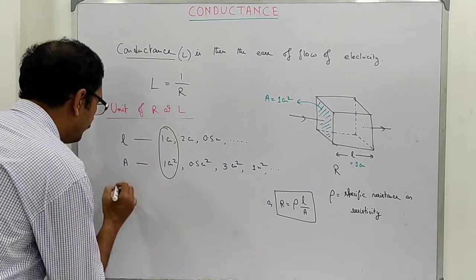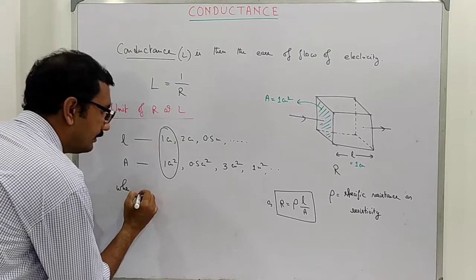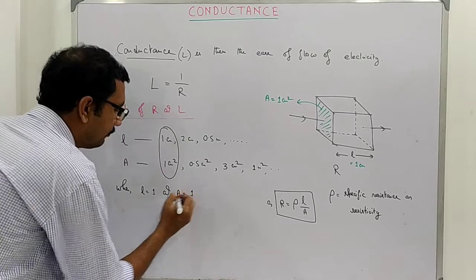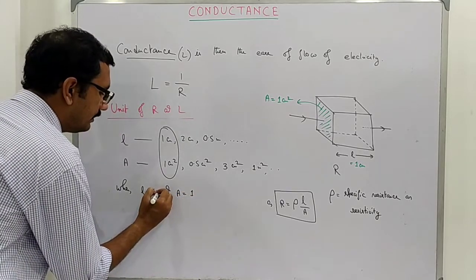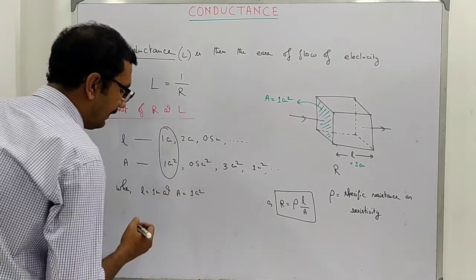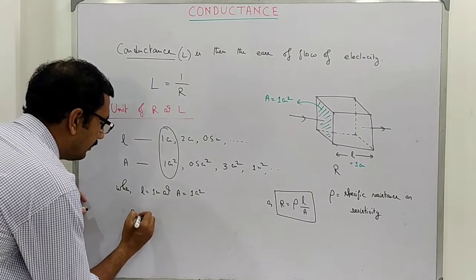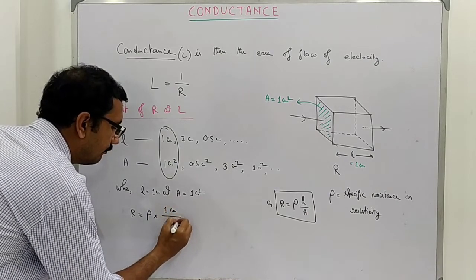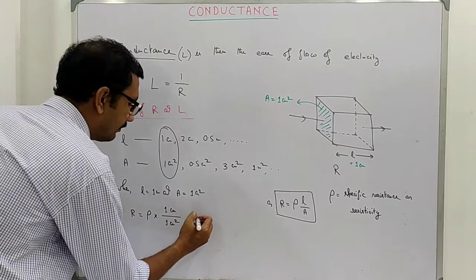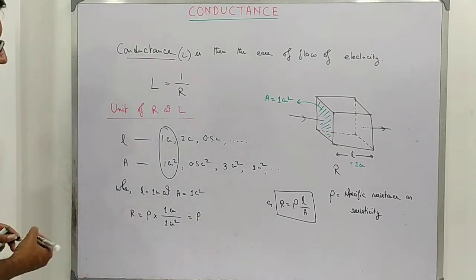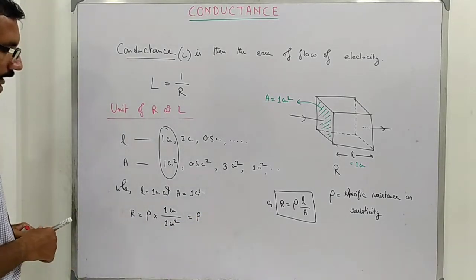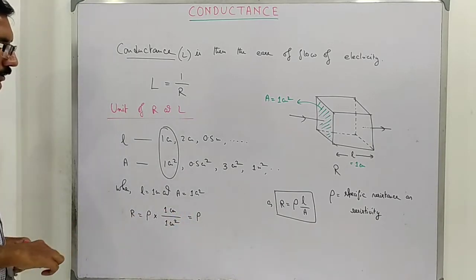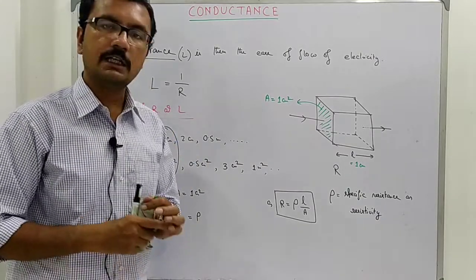So, you put here when L equals 1 and A equals 1. So, in proper units, it will be centimeter and centimeter square. Then R equals rho into 1 centimeter by 1 centimeter square. So, it is rho. See, this R equals rho. So, this resistivity is nothing but resistance.